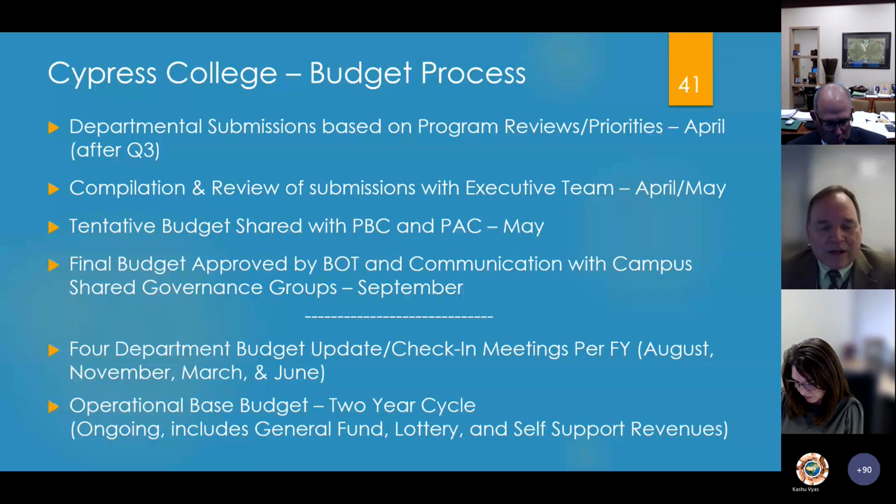And so each departmental budget manager is provided an opportunity to meet with myself and two in our budget office to go over their budgets, any questions they have about expenditures and allocations. We do those check-ins right after the end of the fiscal year, at the beginning of the new fiscal year in August.